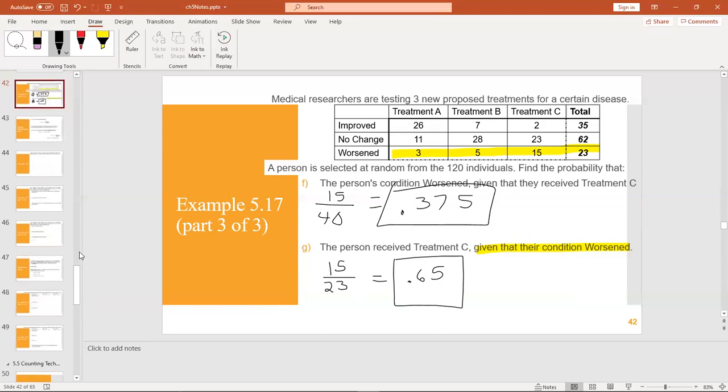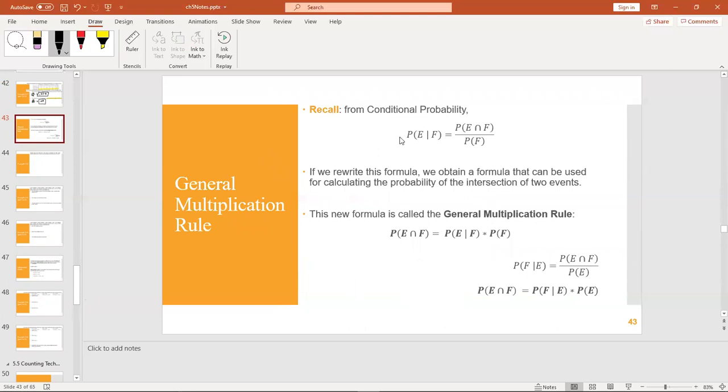All right, so here we've got our conditional probability formula. And so now we have kind of a general multiplication rule. The probability of E and F is equivalent to the probability of E given F times the probability of F. This is basically just an algebraic rearrangement.